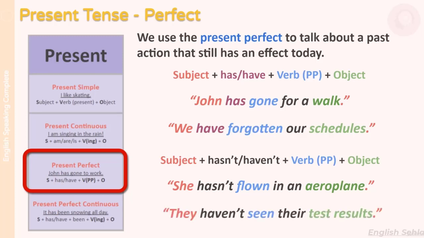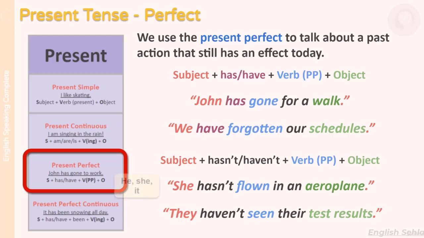Okay, and they haven't seen their test results. Again, sometime in the past, they haven't seen them. They still haven't seen them. Maybe they want to see the test results now. Maybe they're worried, nervous. There is an effect.